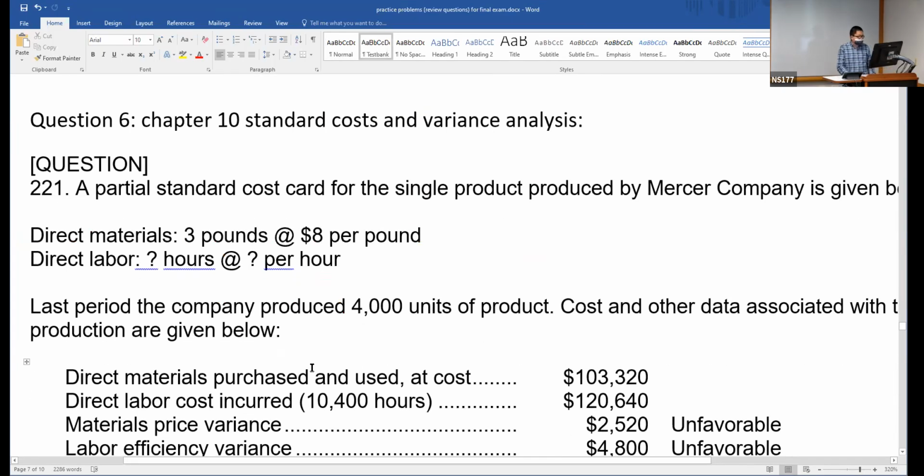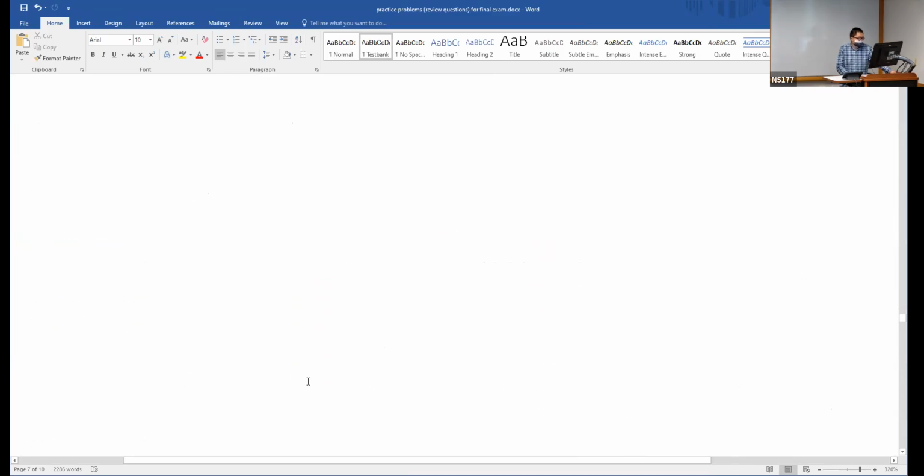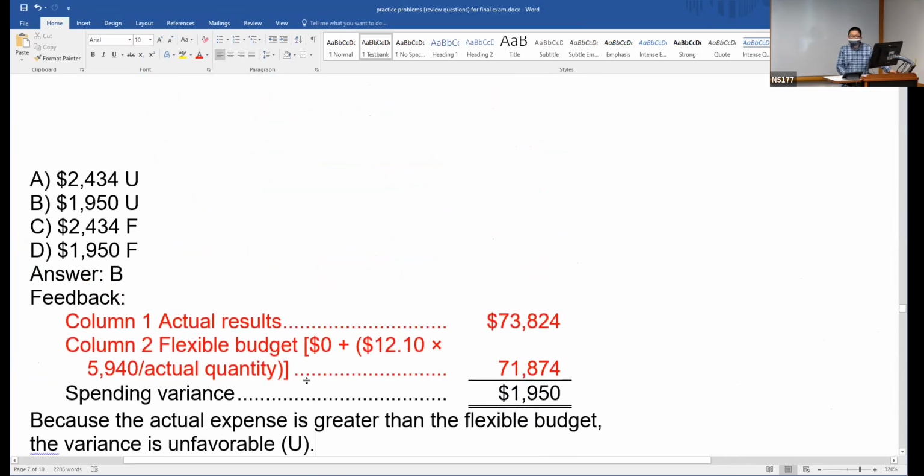So this is a question in, okay. And here is what I would suggest you to do. In your cheat sheet, you just write down all the columns: column 1, column 2, column 3. Column 1 is always the actual result for revenue and also for expenses.